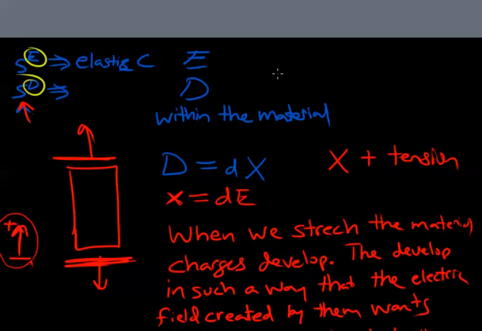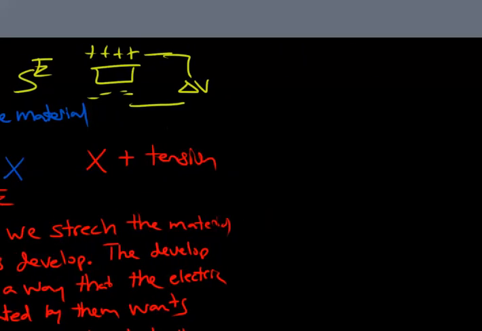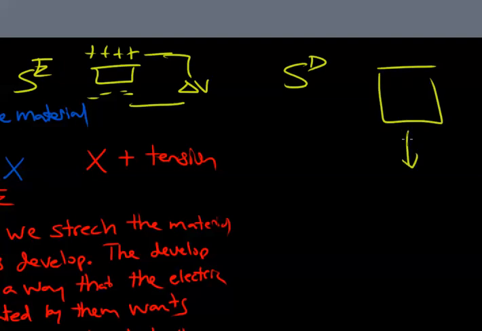So now you understand what constant electric field is. The charges are on the top and bottom of the material, and they're the same. So they keep the same electric field because there's the same potential. We always hold the same potential over it. And for constant dielectric displacement in the material, when we are pulling it, let's say there are positive charges developed here, but this causes a reverse field.